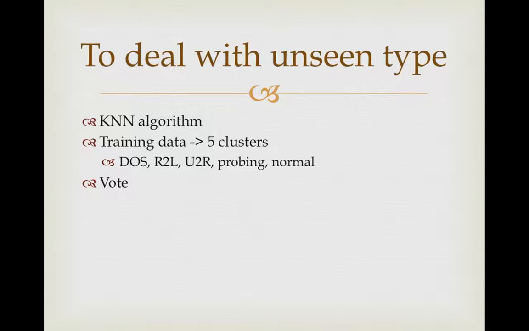Then we vote for the test data to find the nearest type to it. Then we can assume that the test data belongs to the one nearest to it.